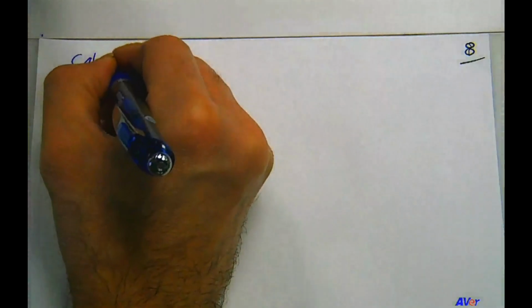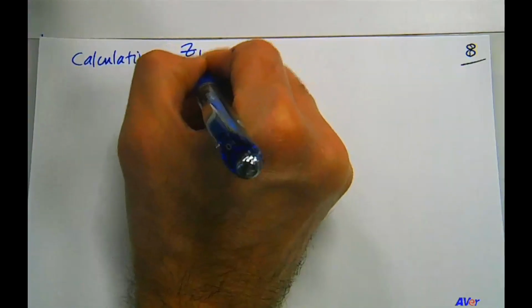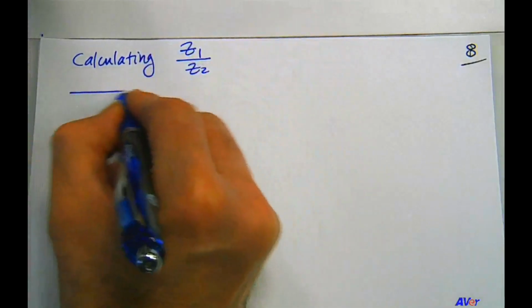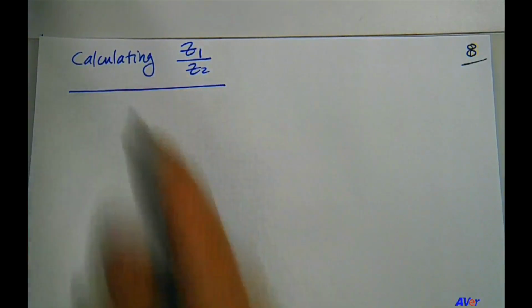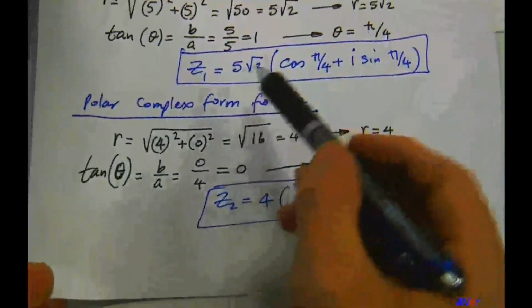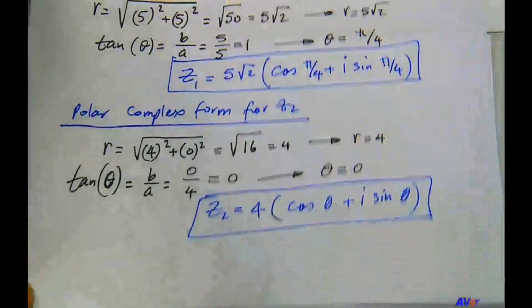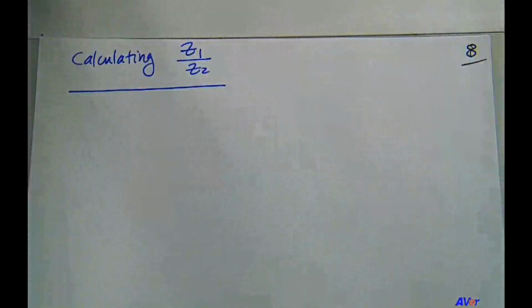So calculating z1 over z2. The formula we had was divide the moduli. So divide 5 square root of 2 by 4. Let's do that.